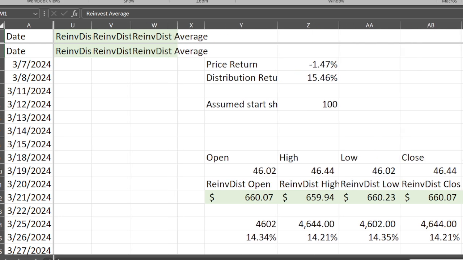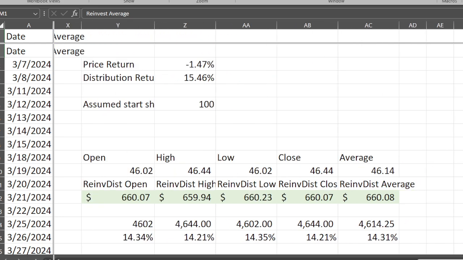So let me scooch this over a little bit more. In terms of price return, it's not too bad. Let's say you bought on March 7th, you lost about 1.5%, and some of this might not be due to the market. In some recent videos I made some Roundhill Barbarians, just to be playful, that there's going to be some NAV erosion here and there.